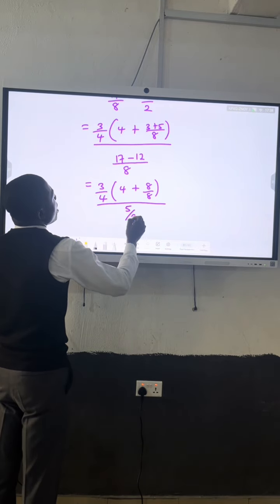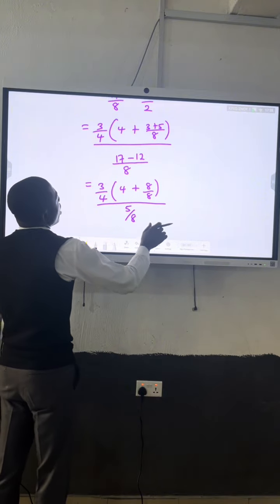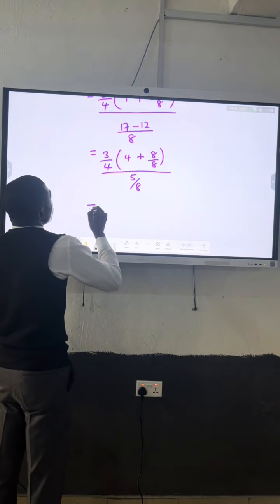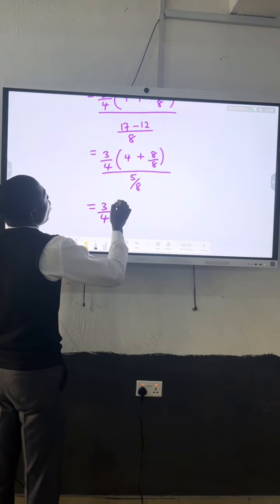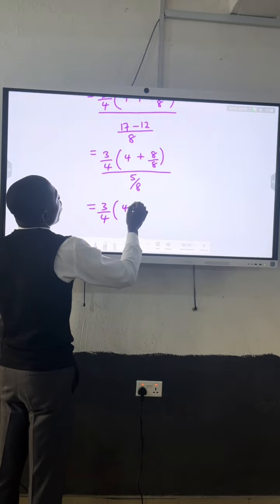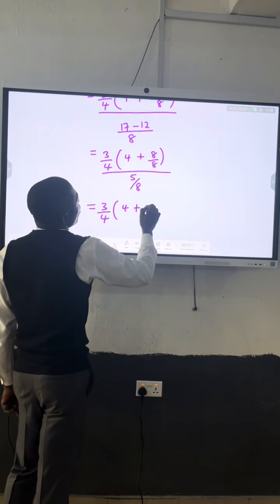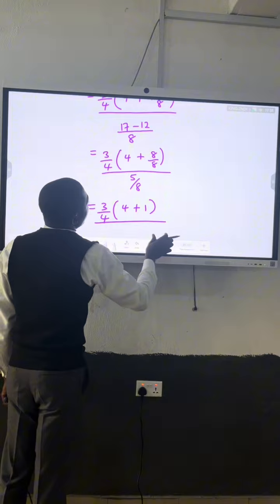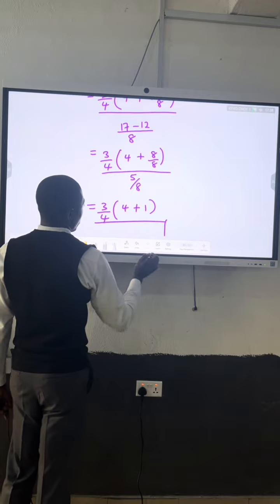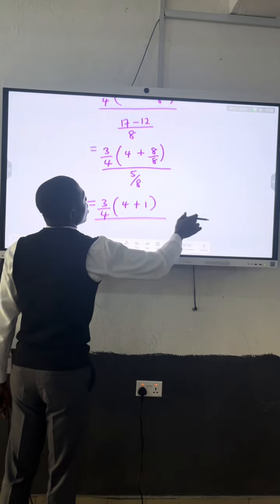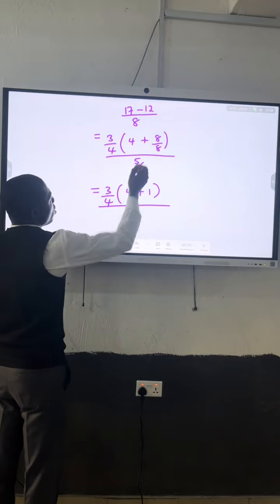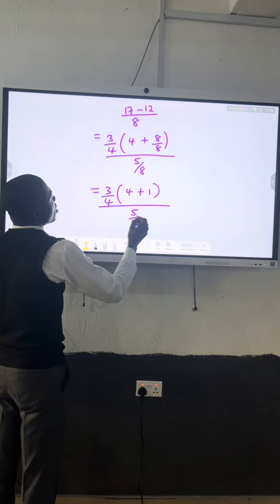You get 5 over 8. Okay. Now if you keep going a little, you're going to get 3 over 4 bracket open. So here you have 4 plus 8 divided by 8 is 1. So you have 1 here. All over. So we have it here. Now you have 5 over 8 under.